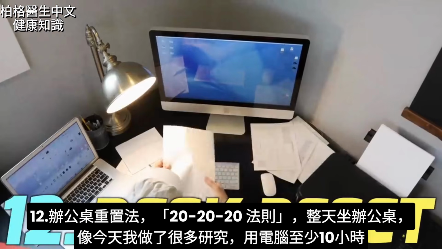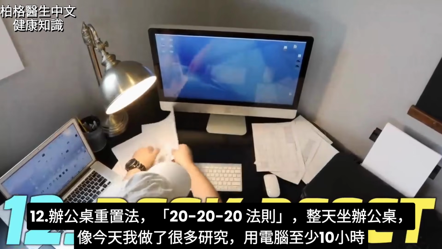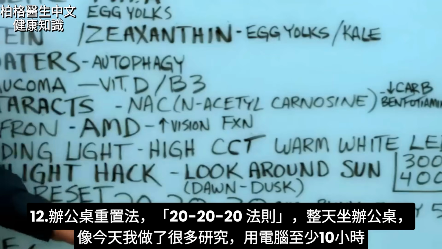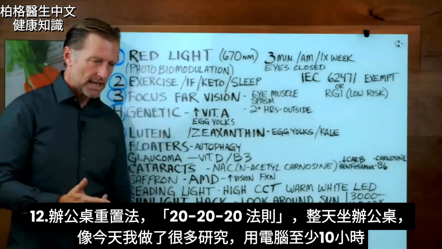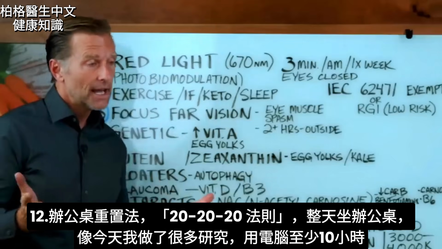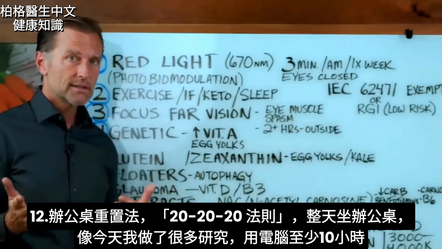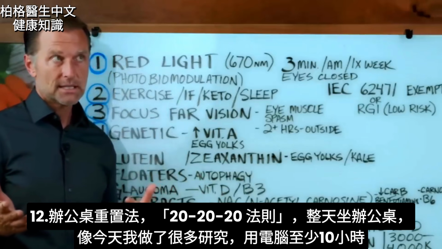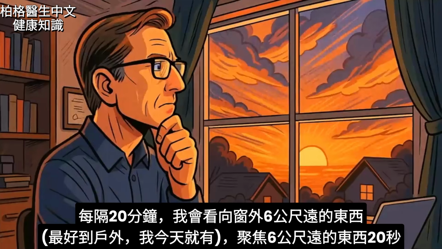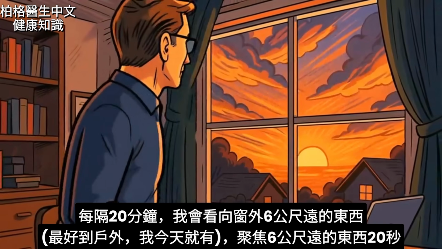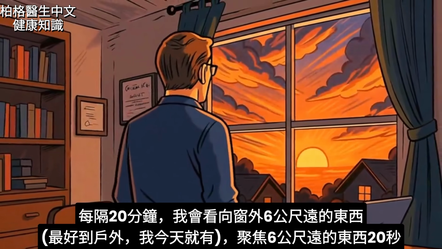Let's talk about number 12. This is called the desk reset. And the way to remember this is 20-20-20 rule, okay? If you're sitting at your desk all day long, like today, I had to do a lot of research on different things. I was at my computer for at least 10 hours so far. So every 20 minutes, I have a window and I'm going to look 20 feet out and focus on something.